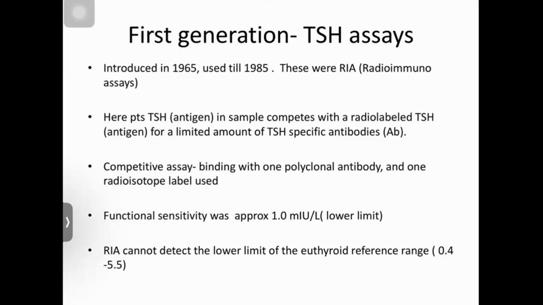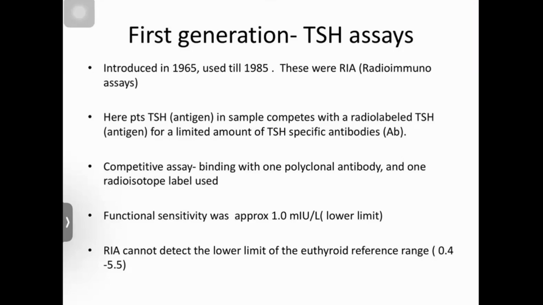And so you will have less emission from the patient's blood test. The problem with this was that there was no direct measurement of the patient's TSH. We are actually measuring only the radioisotope emitted from the labeled TSH which is added to the well or the test tube.